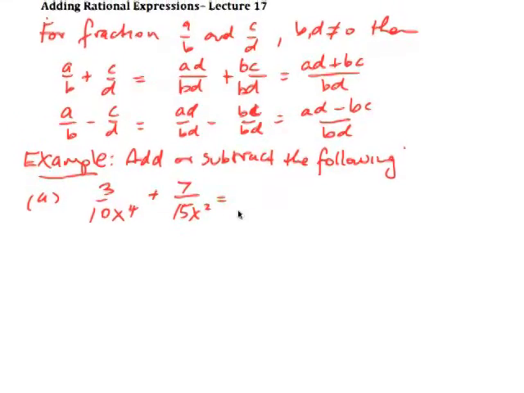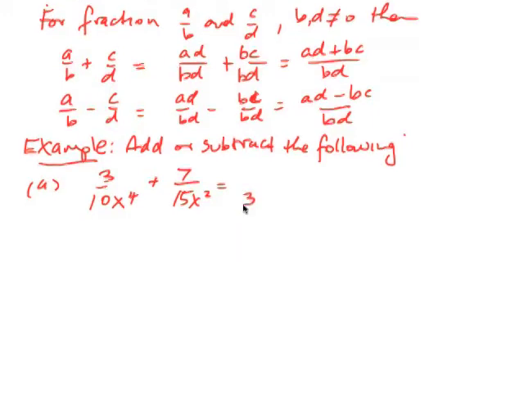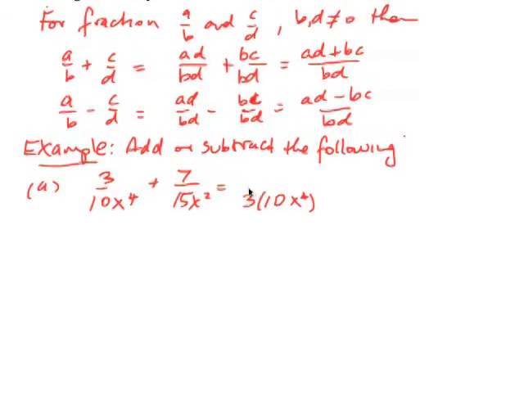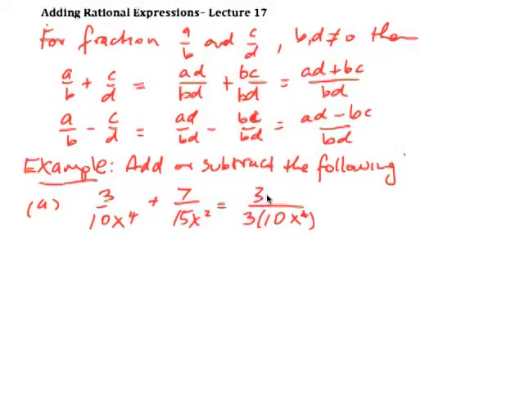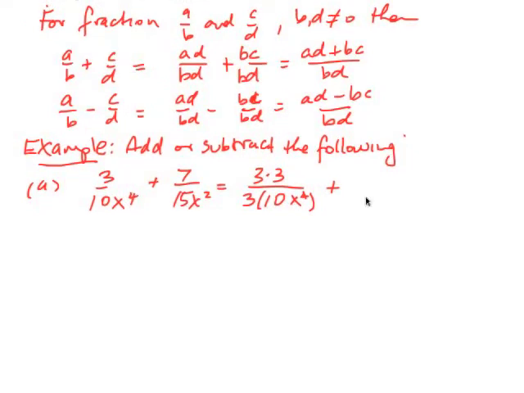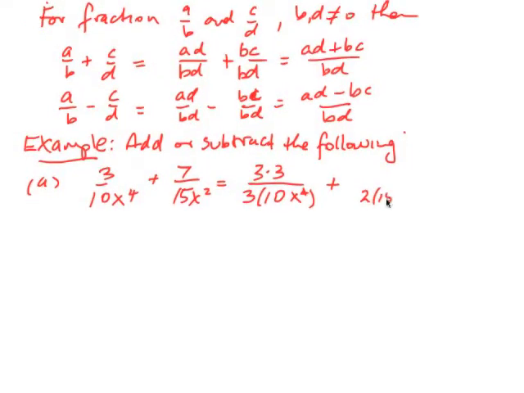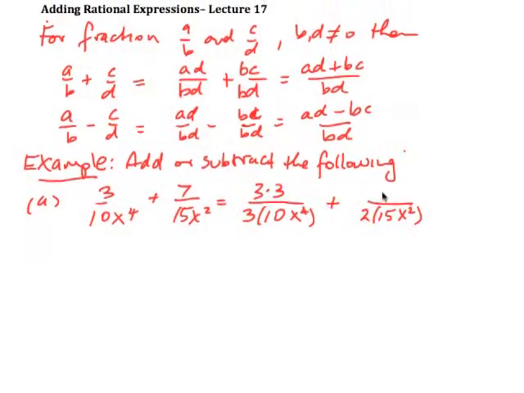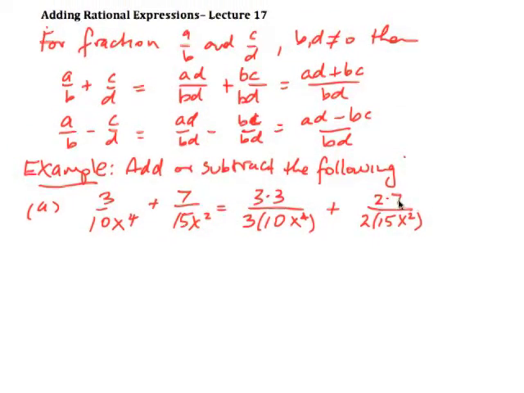And so if I do 30, I have to multiply the bottom here by 3, which means I'd have to multiply the top by 3 as well. Plus, now to get a 30 here, I'd need to multiply by 2, and I'd have to do a 2 here.